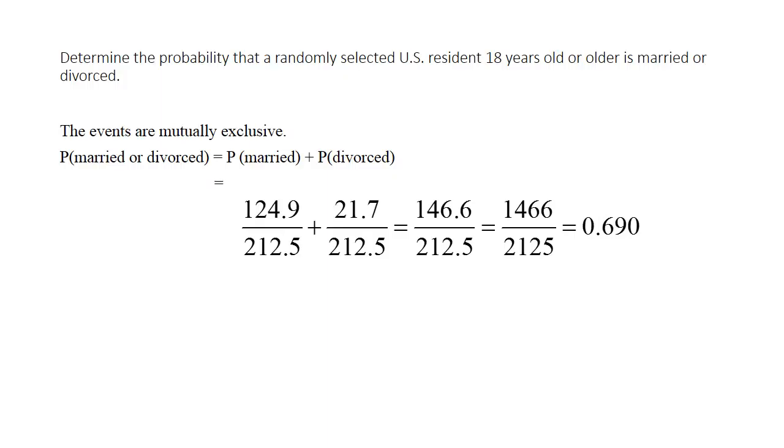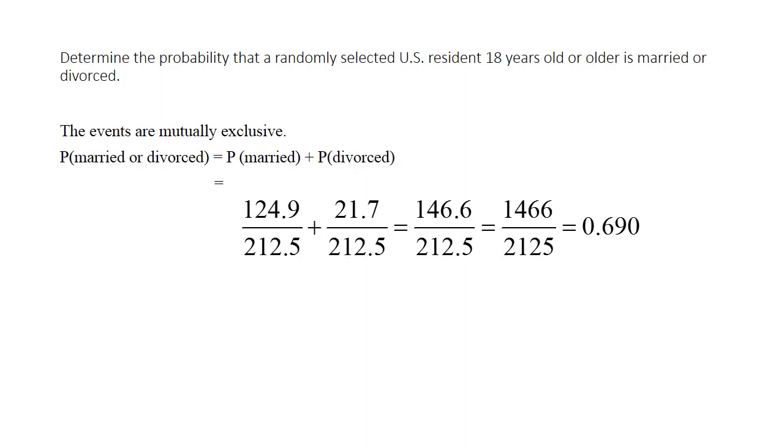That equals 124.9 divided by 212.5 plus 21.7 divided by 212.5. That is equal to 146.6 divided by 212.5, which equals 1,466 divided by 2,125, which is equal to 69 hundredths.